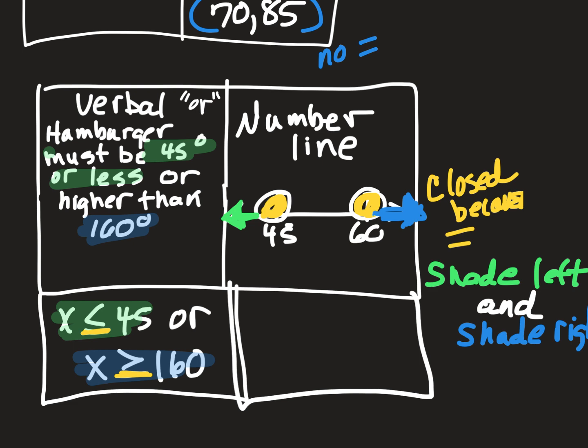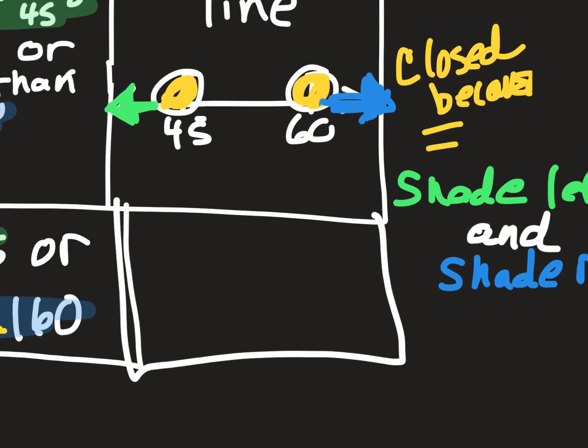But you're right about the negative infinity part. So we're going to say negative infinity to make up the left side of that bracket, comma, 45, because that's the next number on there, right? Comma, 160.